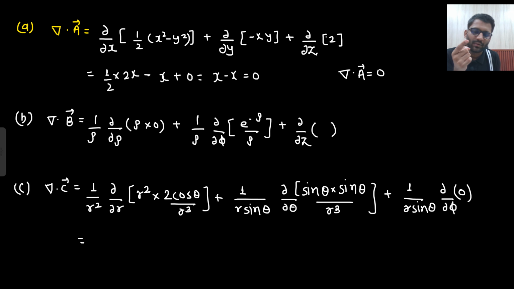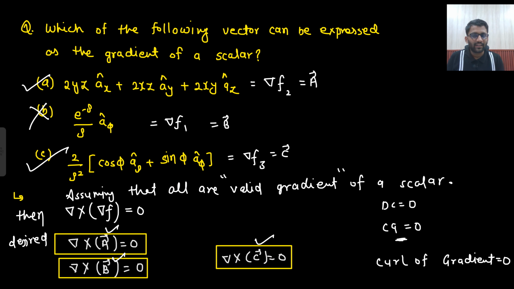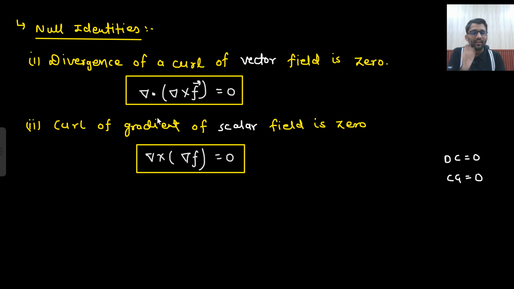Yeah, now some people will have a doubt. What is the doubt they will have? That sir, in this question, if you had put rho equals to infinity, then it would go to 0 only. But these identities are null identities, irrespective of any point. At all the points, they should be 0.